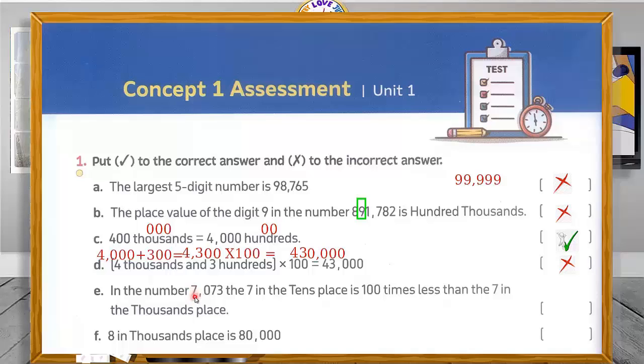Is the 7 in the tens place less than or more than the 7 in the thousands place? How many times? If you move from the thousands place to the tens place, you should move 2 places. So 2 places means 100, means 2 zeros, 100 times.